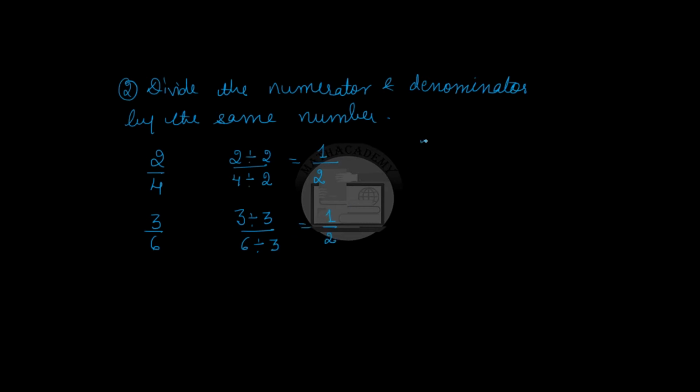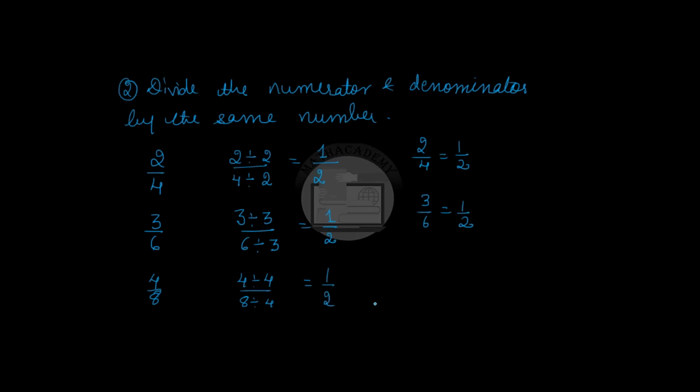Okay, so we say that 2 by 4 is equivalent to 1 by 2. 3 by 6 is also equivalent to 1 by 2. Or if I take 4 by 8 and divide it by 4 in the numerator and the denominator. Whatever operation we are doing in the numerator, the same has to be done in the denominator also.